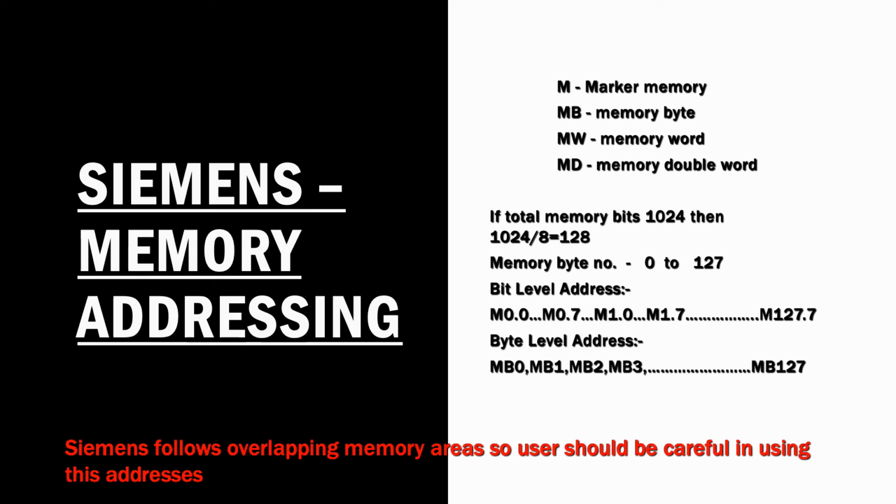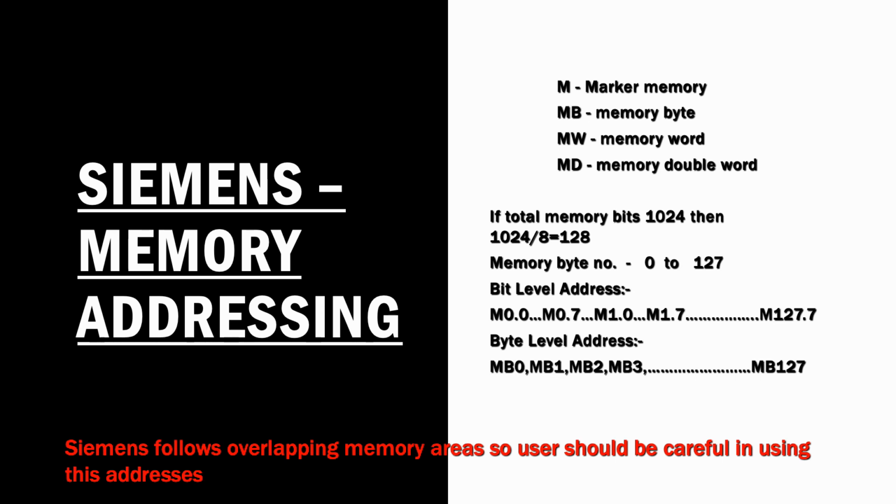So after 1 byte, we'll use M1.0 to M1.7, like that. If it is memory byte, we can use MB0, MB1, MB2, MB3, like that. 0 to 7 bits is 1 byte.